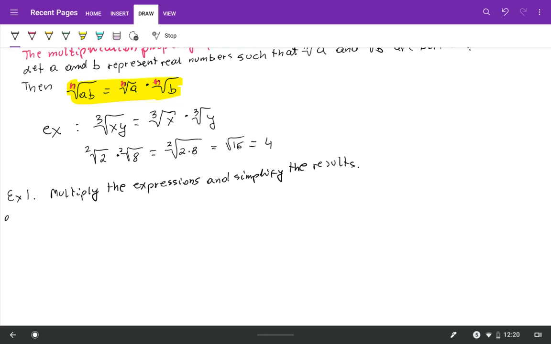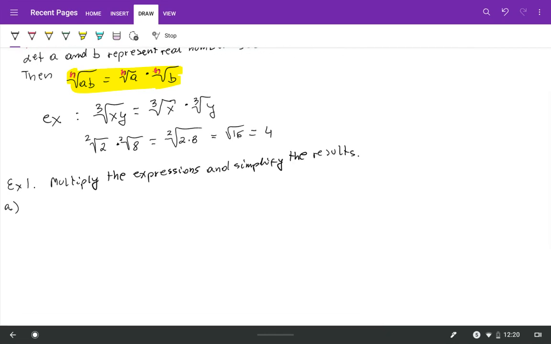Okay, and the first one will be, in parentheses, 4 square root of 6 times negative 2 square root of 3. So again, I put them in parentheses so you understand that this is multiplication between them. So what are we going to do?